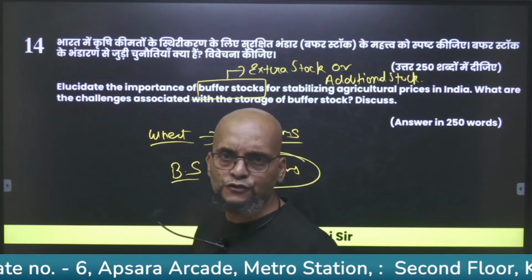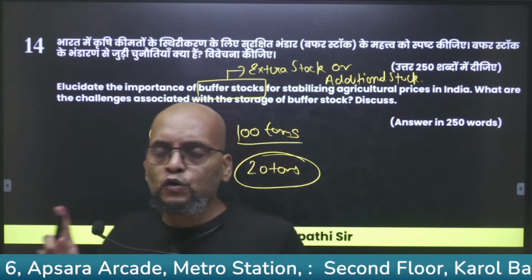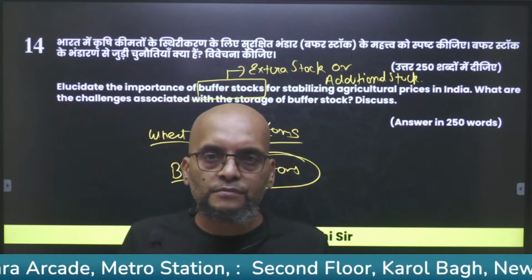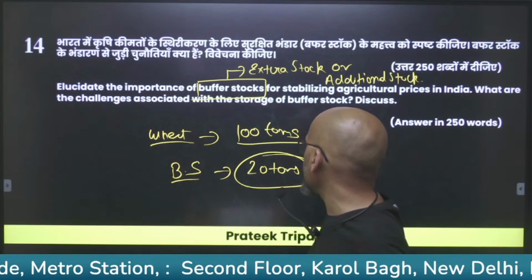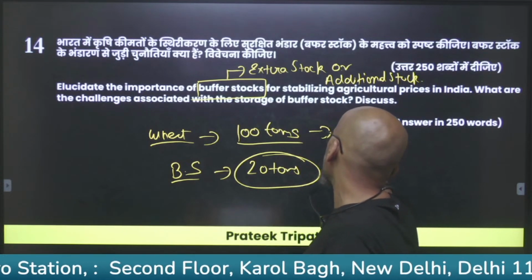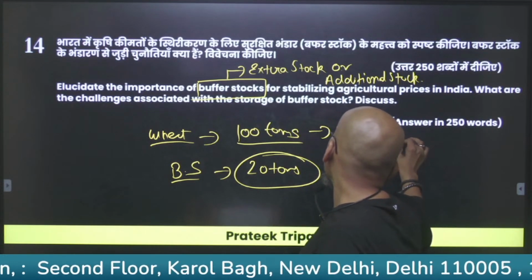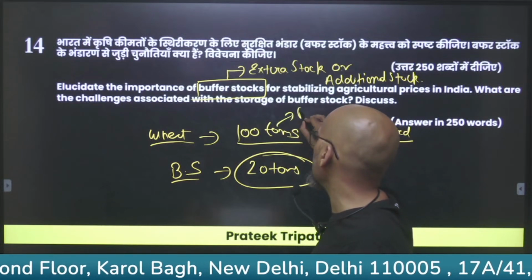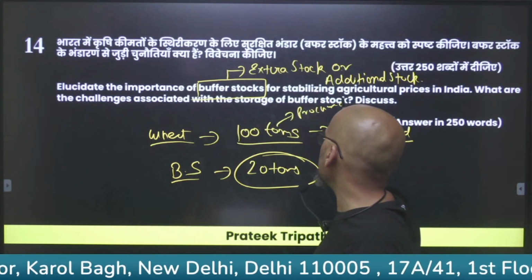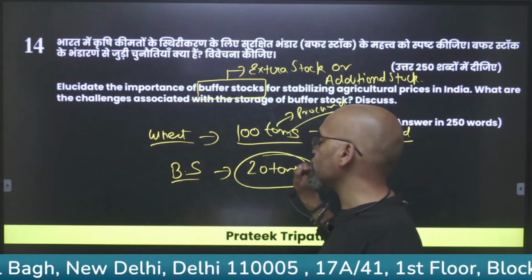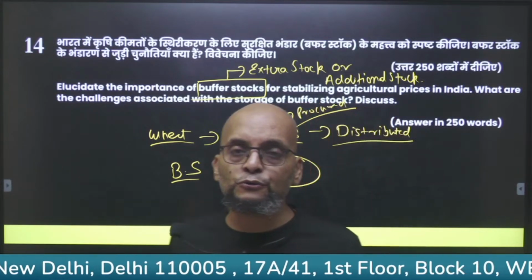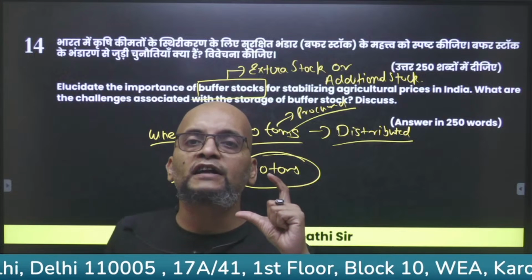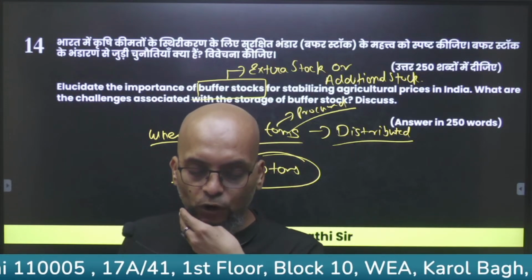This is extra stock, which the government is not going to distribute. These 100 tons that were procured will be distributed amongst the poor, but the 20 tons will not be distributed. It will be the buffer stock. It will remain with the government. Got my point?